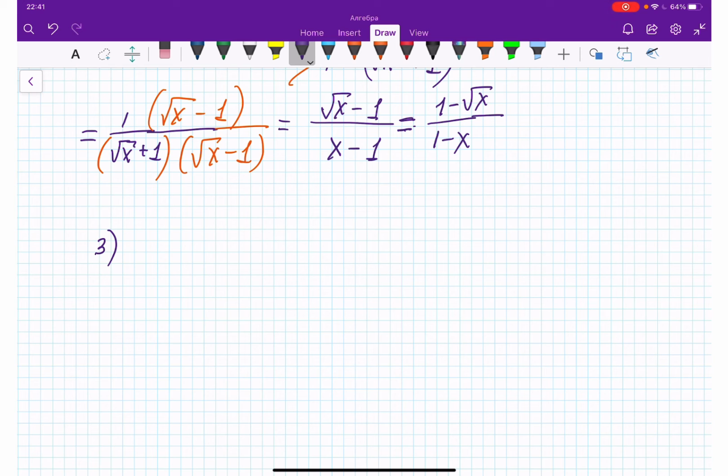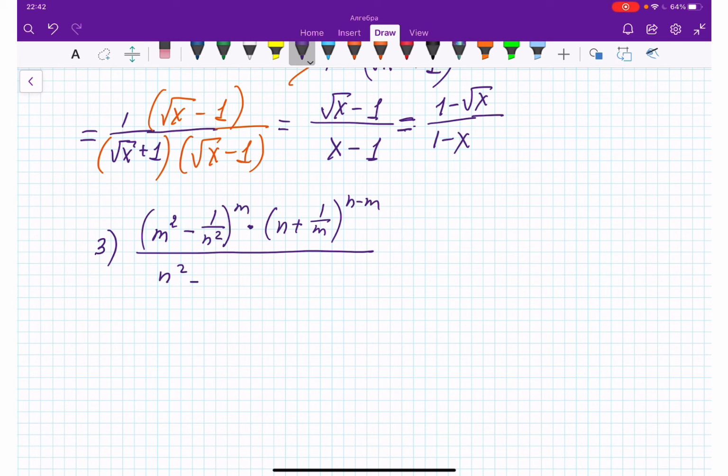and last in this video: m squared minus 1 over n squared, to power m, times n plus 1 over m, to power n minus m, divided by n squared minus 1 over m squared, to power n, times m minus 1 over n, to power m minus n.